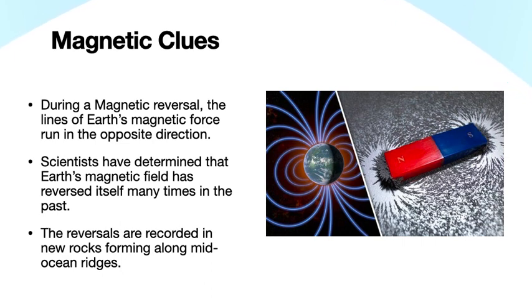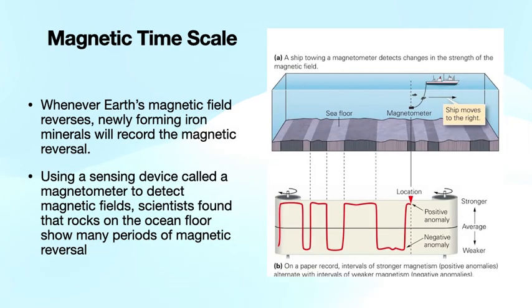However, that occasionally flips, and the magnetic north will face geographic south on occasion. These reversals are recorded in new rocks that are formed while it is reversed. So along the mid-ocean ridges, it'll tell you which way the magnetic field is facing. The newly formed iron minerals will record whatever direction magnetic north is facing.